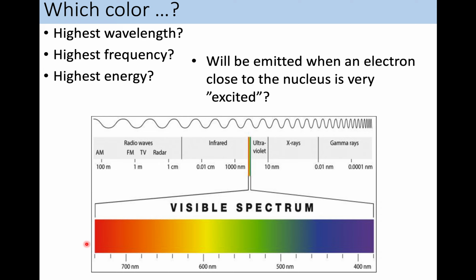It's going to take a lot of energy to excite the electrons that are closest to the nucleus. So in this case, we would expect a photon of blue or purple light to have a high amount of energy, high enough to excite an electron that's very close to the nucleus, because we know that takes more energy than exciting an electron that's on the outskirts.